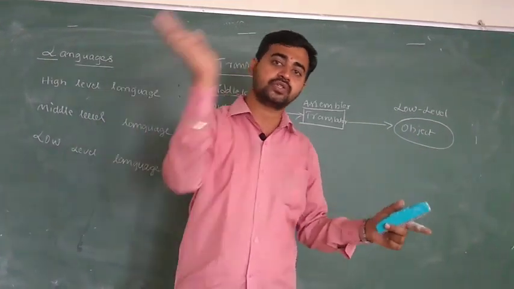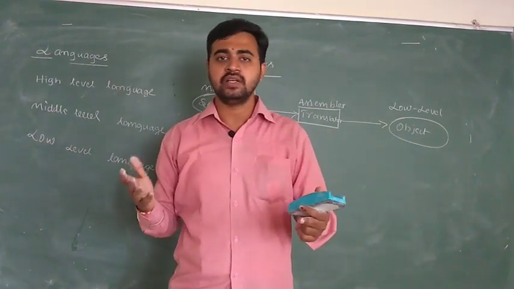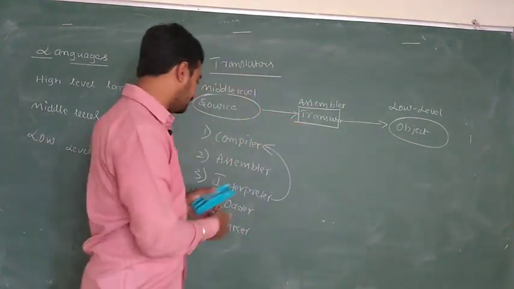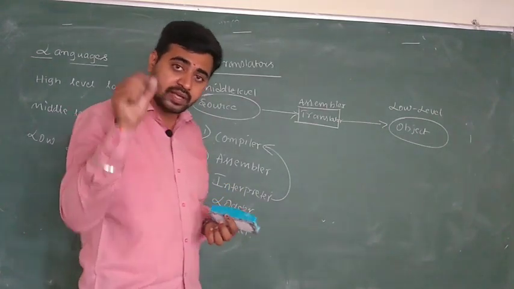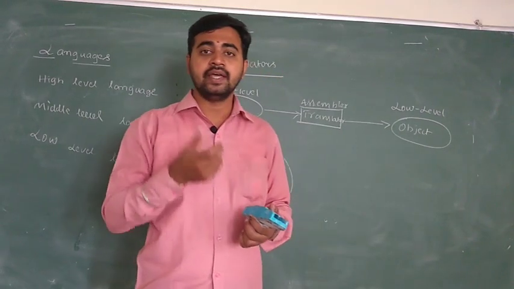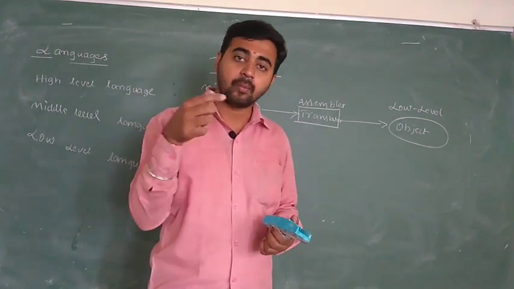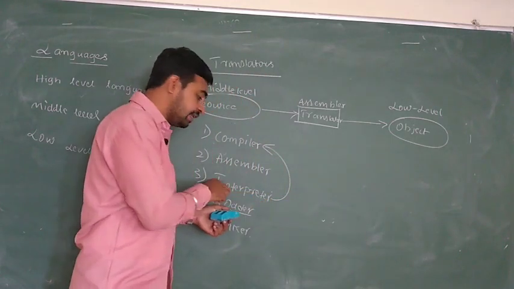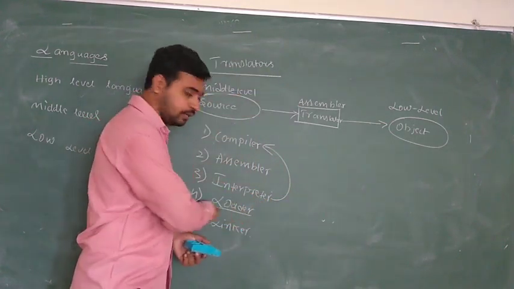From registers it should be stored onto the secondary memory for execution, saving. So for storage purposes, everything will be taken care of by whom? Loader. It identifies the address of a program or a code or a module. Then in a specific location the loader will load it onto the memory. That is the work of a loader.